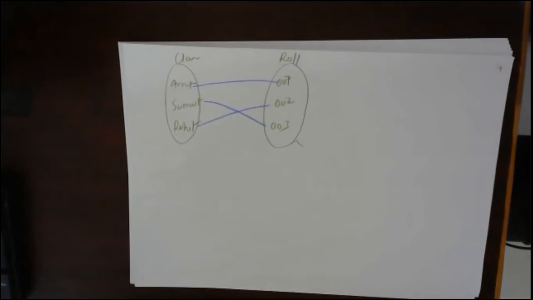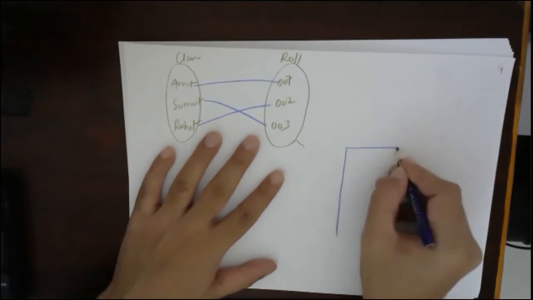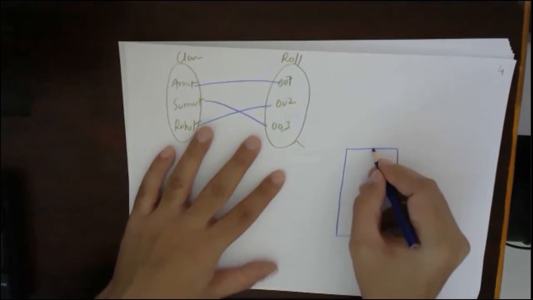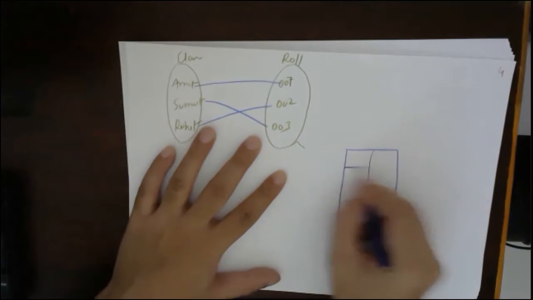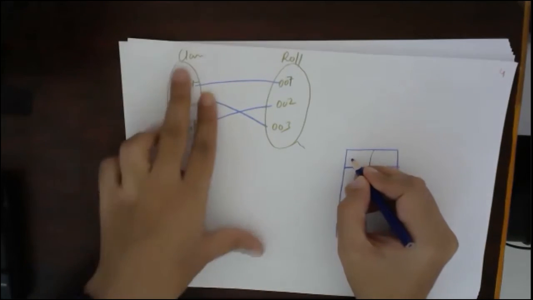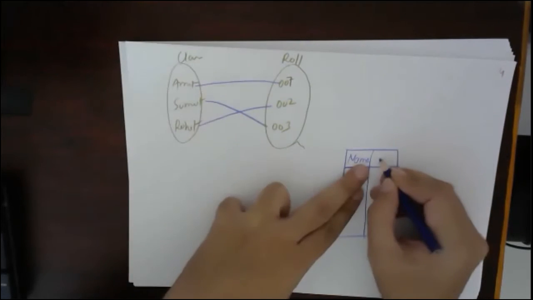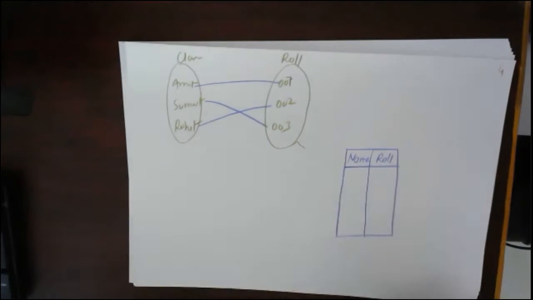And your class teacher gave you a list. Suppose in that list she had two boxes. The first box was written name and the second box was written roll number.